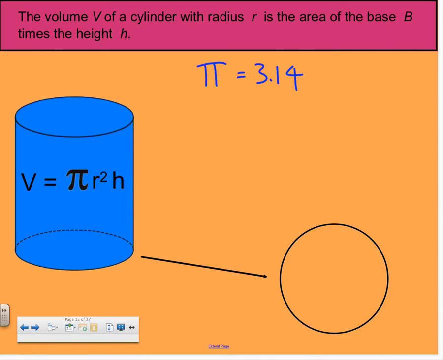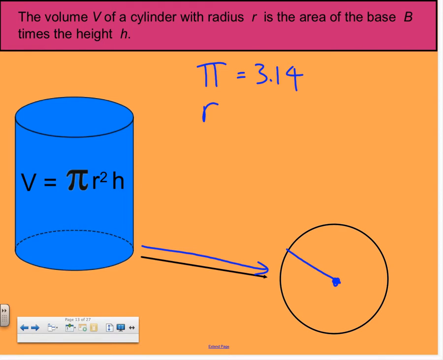The next thing you need to know is the radius, okay? A cylinder, if you notice here, the base of a cylinder is always a circle, all right? And we're going to need to know the area of the circle. And in order to do that, we need to know the radius. So the radius is half of the diameter.